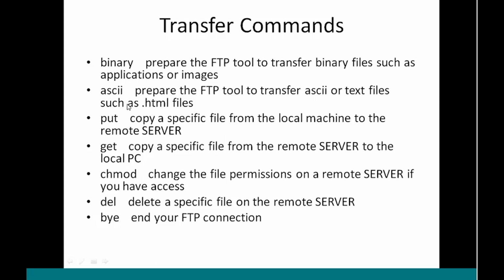So now that you indicated to the FTP server that the file you want to transfer is binary, how do we transfer? If you just say put followed by PQR, then this PQR from the current directory, which is /home/xyz, will be transferred over to /a, which is the remote server.